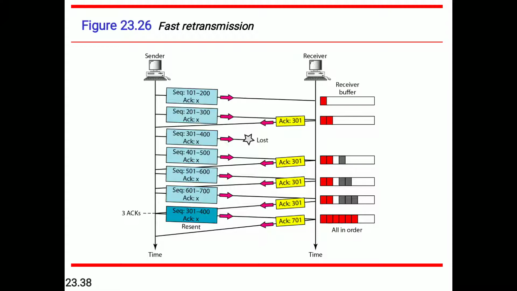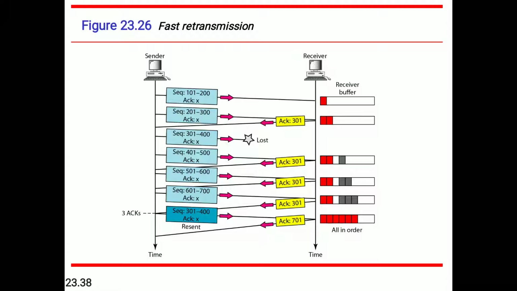Let us assume the sequence 301 to 400 is lost during the transmission. But without knowing this, the sender is sending 401 to 500, but the receiver is giving the acknowledgement 301. That means the receiver has not received the sequence 301 to 400 and is waiting for it.